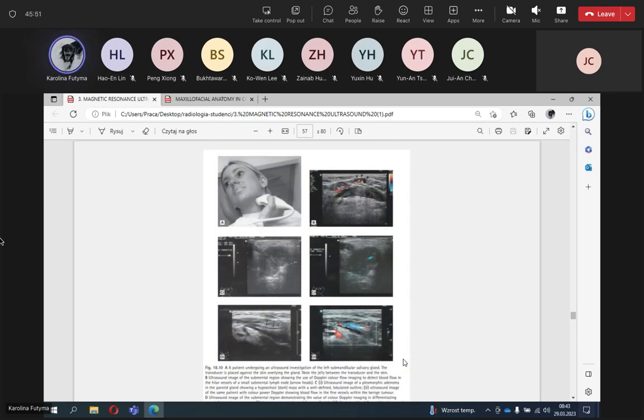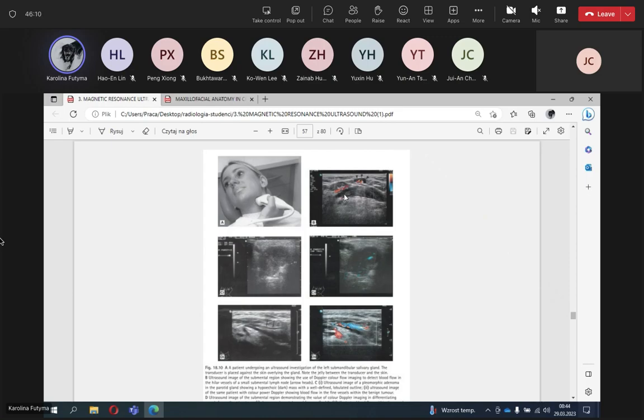And here we have a picture, an example of a patient undergoing an US examination. And here we have the submandibular gland, a salivary gland. Here we have the area.